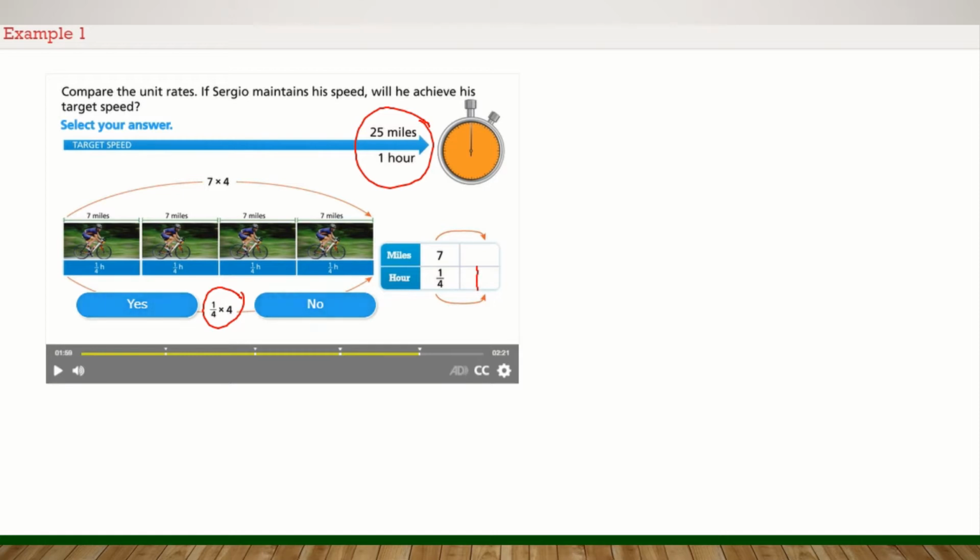So in 1 hour, we have to figure out how many miles he traveled. Well, we have to multiply 7 times 4, which is 28. So he actually went 28 miles in 1 hour, and the goal was to go at least 25 miles in 1 hour.